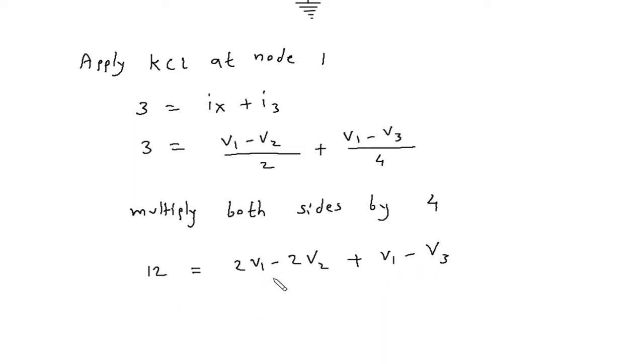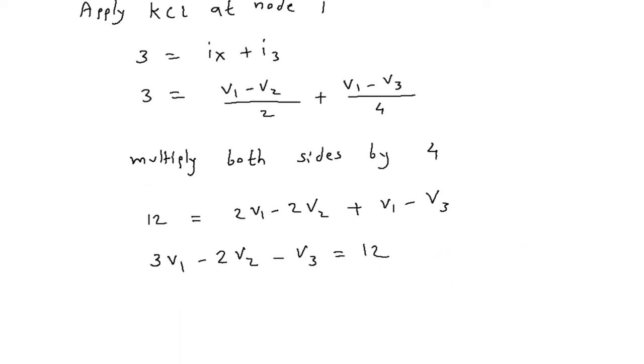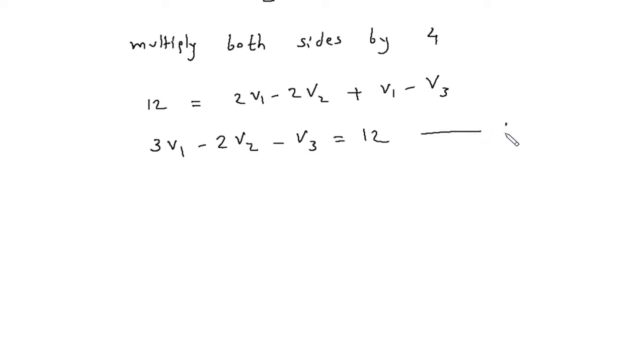Now 2V1 plus V1 will be 3V1, then minus 2V2, then minus V3 is equal to 12. Let's say this is equation number 1.